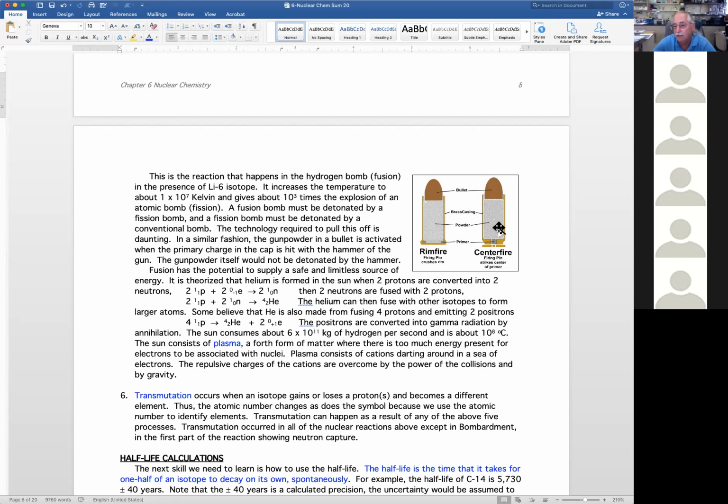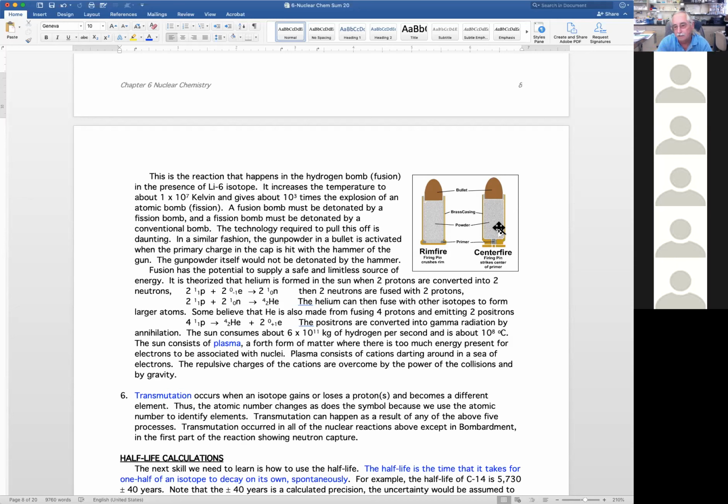This is the way a fission bomb works. How do you get a fission bomb to actually start? You have to use a conventional bomb, and you have to use that conventional bomb to cause an implosion rather than an explosion.